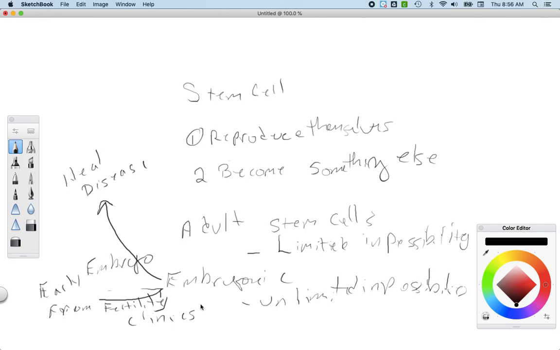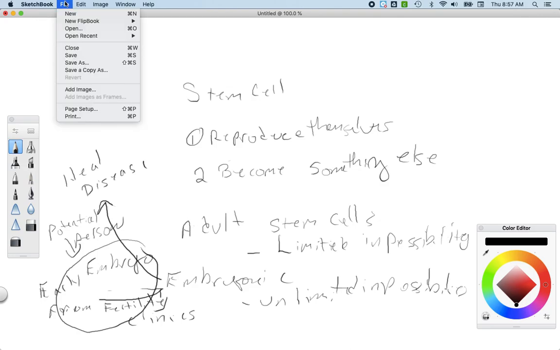So a sperm and an egg are mixed in a test tube. Actually, thousands of sperm and thousands of eggs are mixed in a test tube, and those that fertilize are frozen away and later on can be used to continue a pregnancy. So these embryonic stem cells, while they might have the ability to heal disease, are each a potential person, and that makes the use of these quite controversial.